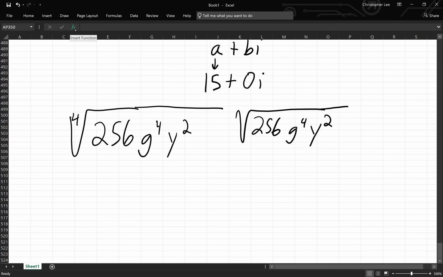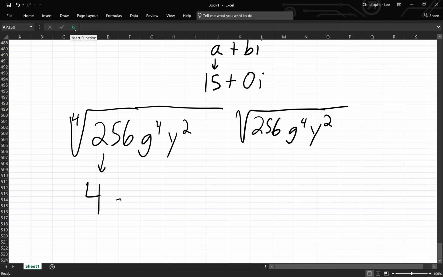What's the fourth root of 256? 4? All right, not the leading coefficient, just the 256. So this is 4.